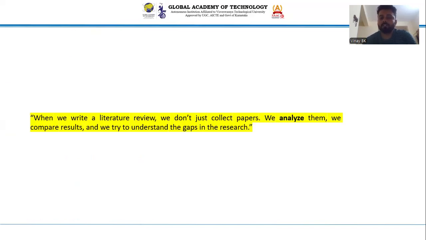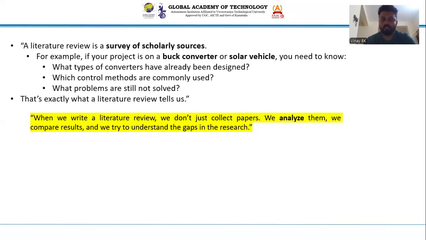When we write a literature review, we don't just collect the papers, we analyze them, we compare results, and we try to understand the gaps in the research. So a literature review is a survey of scholarly sources.